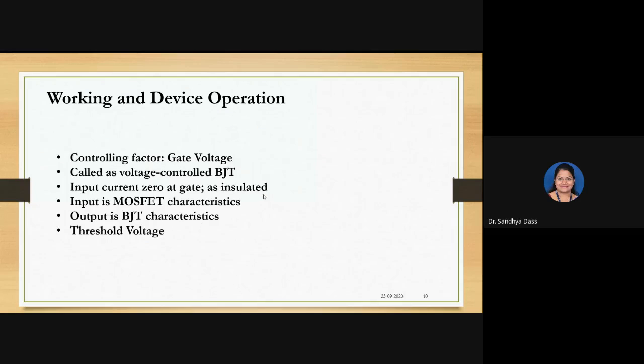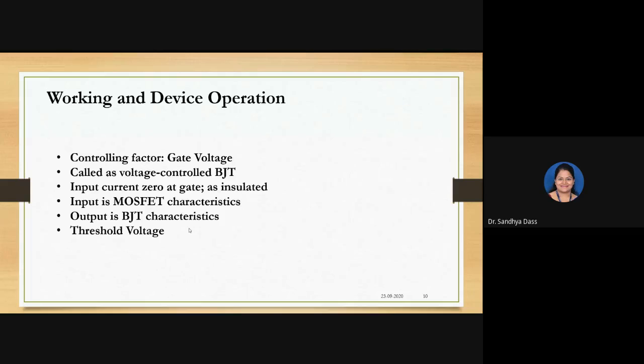We know about that. It has the input characteristics of MOSFET and it shows the output characteristics of BJT, and the device is controlled by the threshold voltage that you apply at the gate terminal.